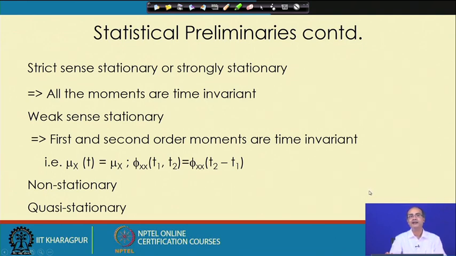Now, what do we mean by that? We have a signal, it has variation over the time, and that is why we tell that signal is useful. If it does not have any variation, then we do not have any information. Now, by stationarity what we mean, the statistics of the signal is not changing over the time.